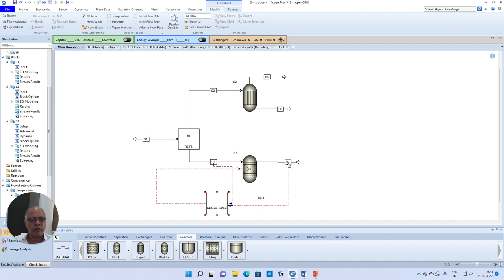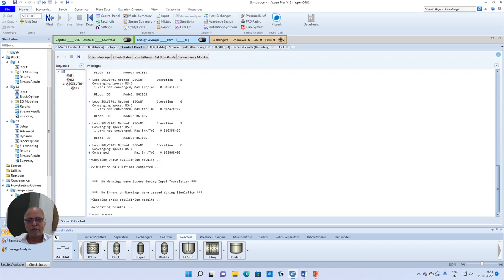Calculate the molar flow rate of propane at the exit. Now calculate the conversion as FA0 minus FA by FA0. Compare the value with 0.8 that we require. If the requirement is not met, go back and adjust this temperature. So as you can see, every design spec problem in Aspen by default will be solved by this method, the secant method. Anyway, let us look at the results of the design spec.